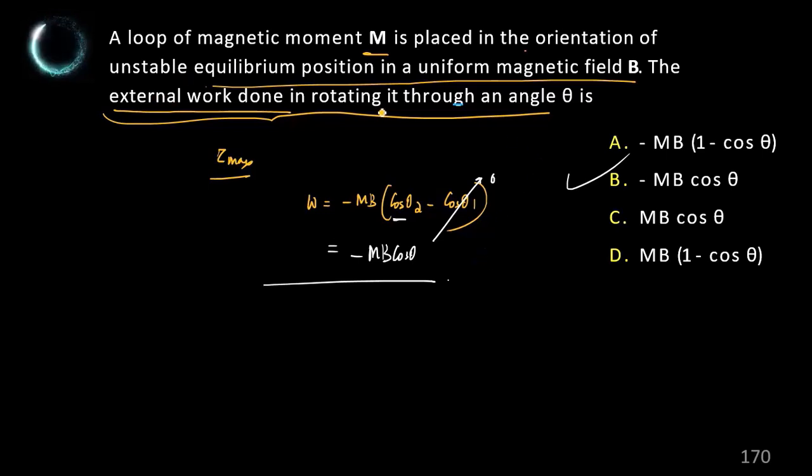External work in rotating it through an angle theta, initial position is the unstable. Unstable মানে কি, থিটাটা 90 ডিগ্রি ছিল, 90 ডিগ্রি ছিল মানে cos theta 0 ছিল। সো theta 2 minus theta 1 with the minus sign.